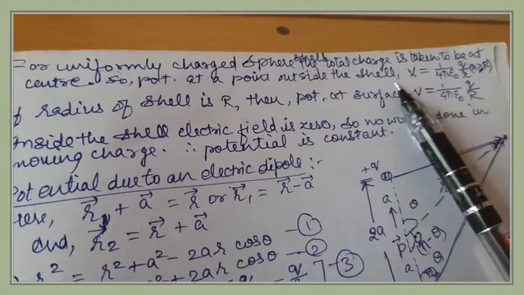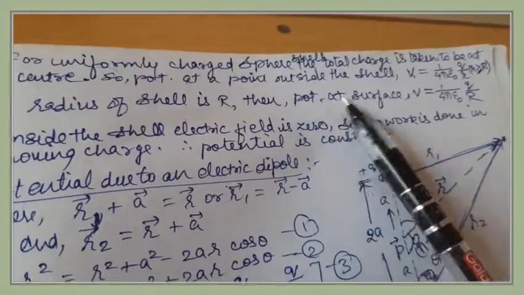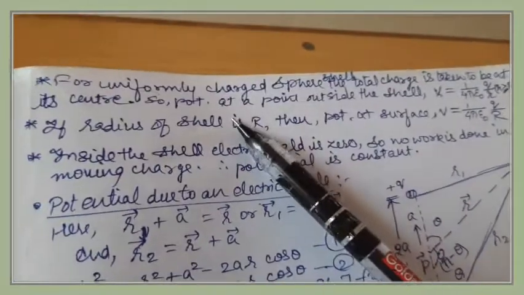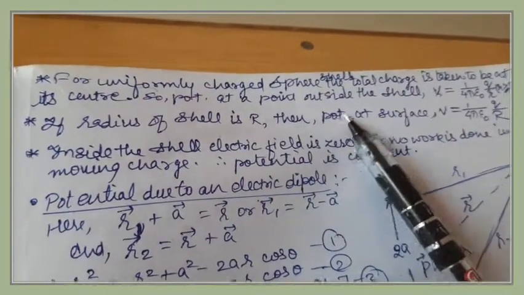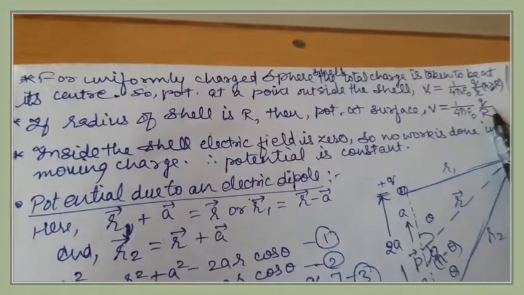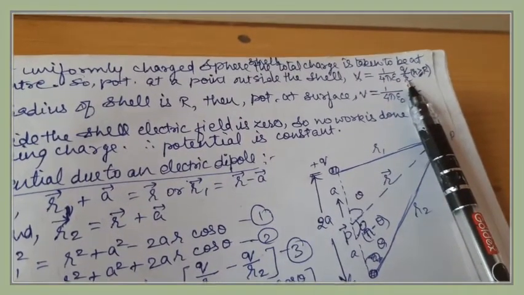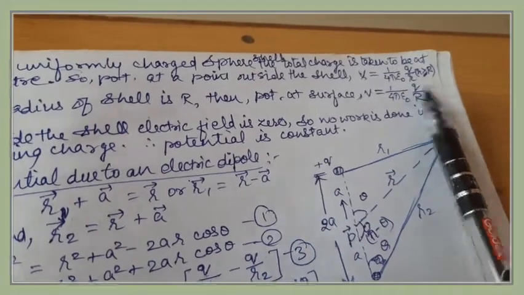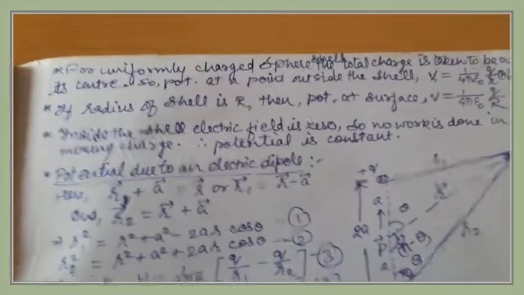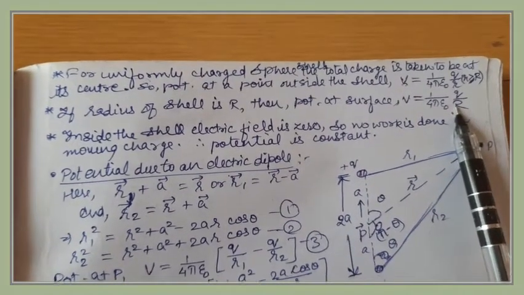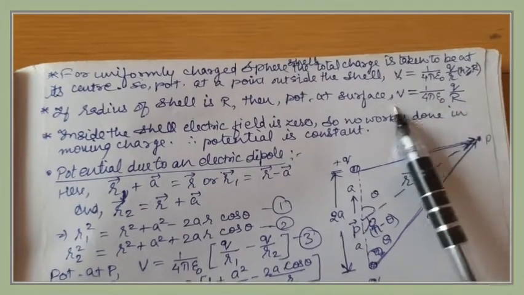We have already determined the electric field, and similarly we can find the potential. If the radius of the shell is R, then the potential at its surface is given by q by R. So for a point situated at distance small r from the center, the potential is given by this formula, and the potential at the surface of the spherical shell is this, where capital R is its radius.